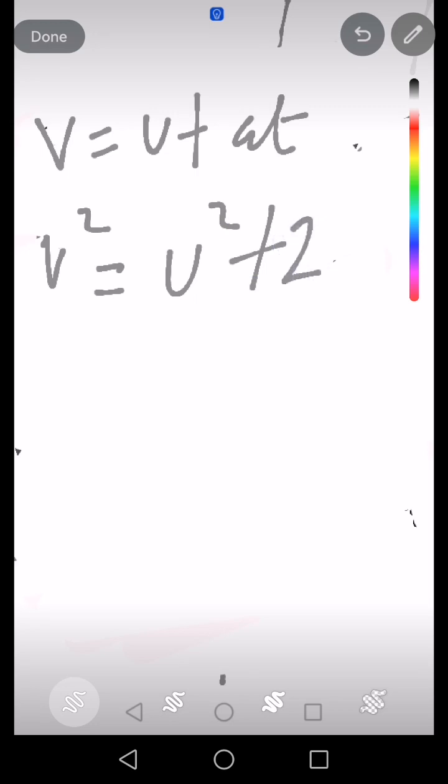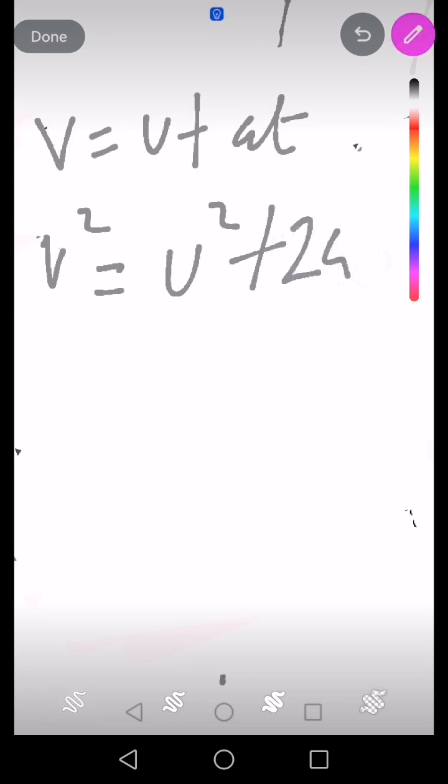So what are the equations of motion? The first equation you need to know is v is equal to u plus at. We'll be using those equations as we start answering different questions. And another we need to know is v squared is equal to u squared plus 2as.